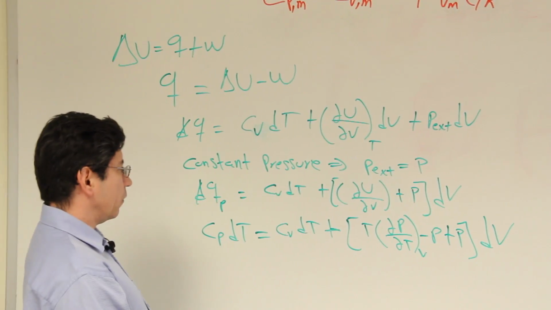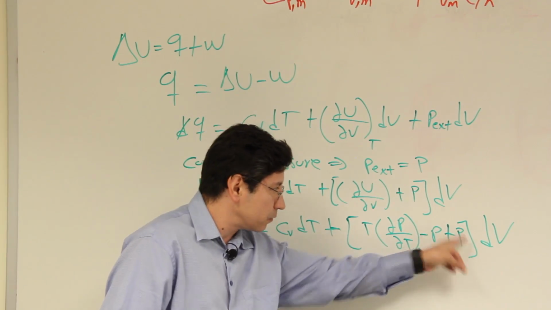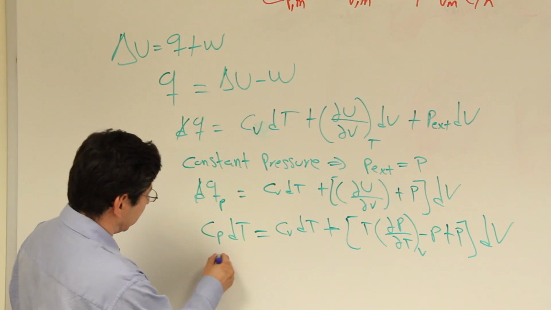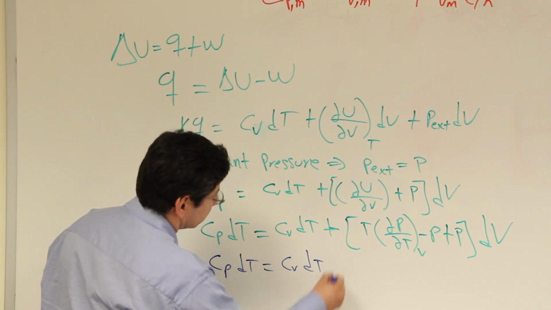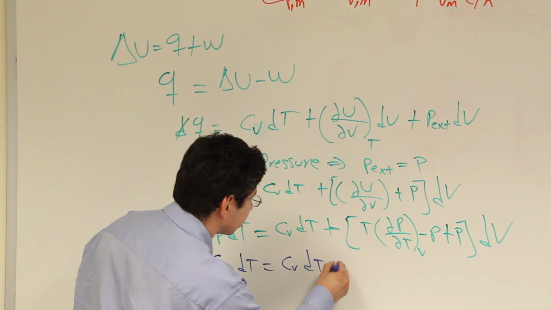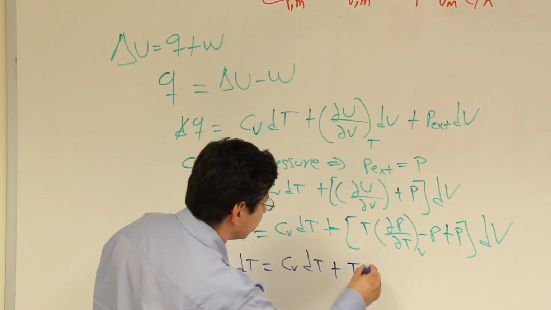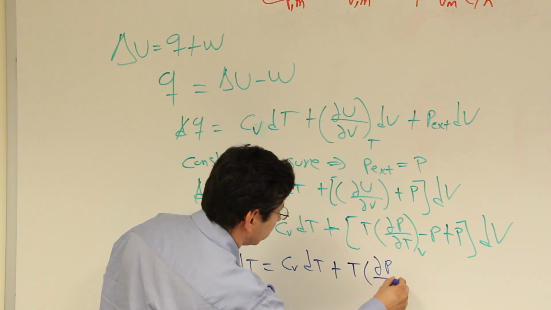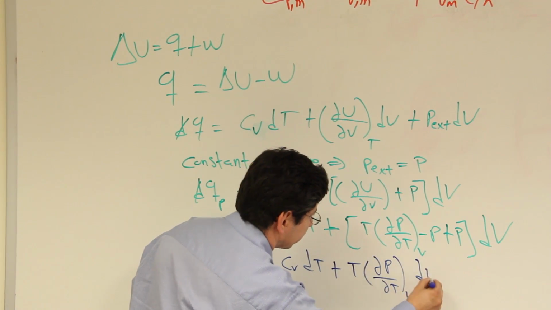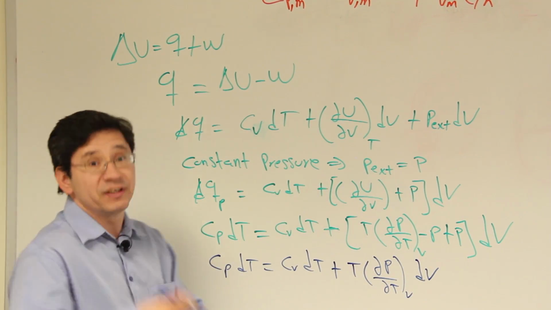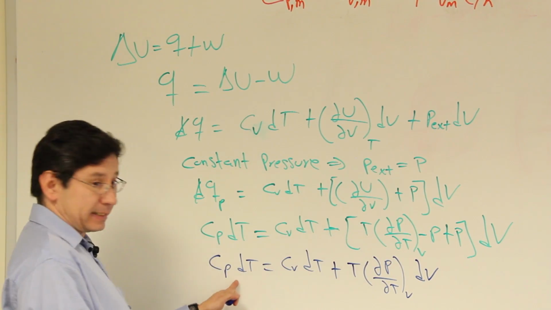Good. So what can we do now? Well, we see that this P cancels with this P. So the expression now becomes Cp dT equal Cv dT plus T (dP/dT) at constant V, and then this dV. What can we do next? Well, we can divide the whole expression by dT.